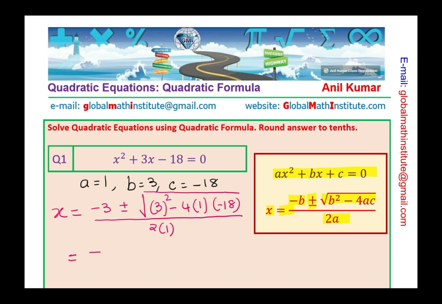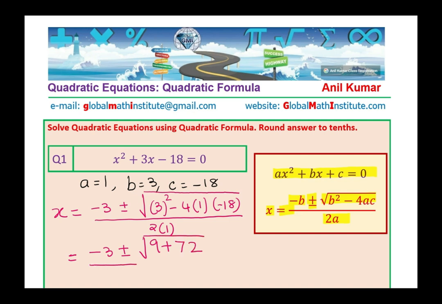So let's simplify this a bit. Normally, you just use a calculator and then calculate. But here, 3 square is 9, and you see that minus and minus is plus, correct? So we could add this, and 18 times 4, 18 times 2 is 36, and double that is 72. So let me just write 72.